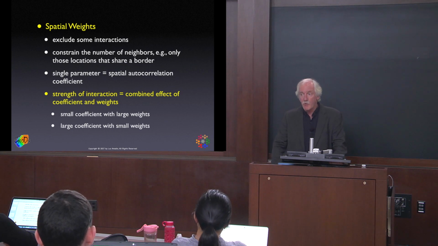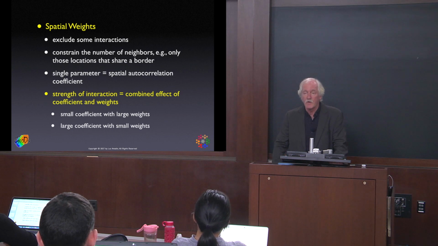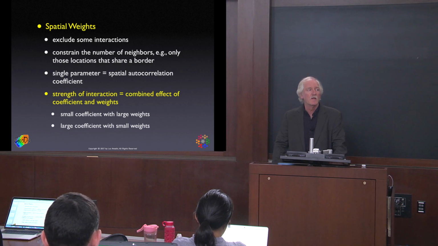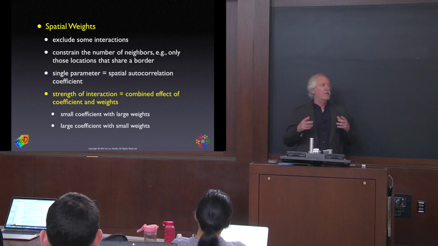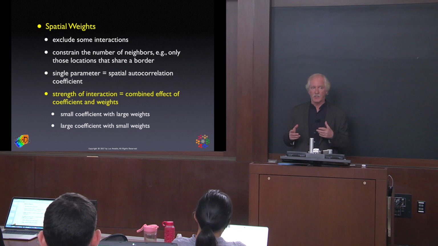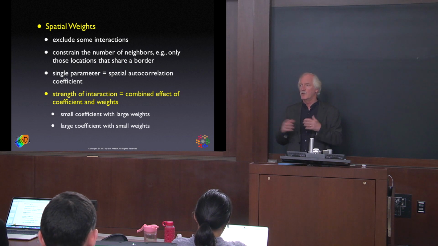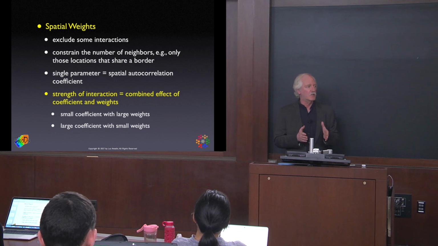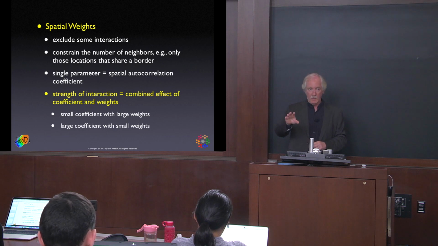And then very importantly, and this is often kind of shoved under the rug or sometimes even forgotten, you are at the end modeling interaction. Even though you only have cross-sectional data, you're modeling the interaction. And the interaction consists of two parts. One part is the weights. The other part is the parameter.